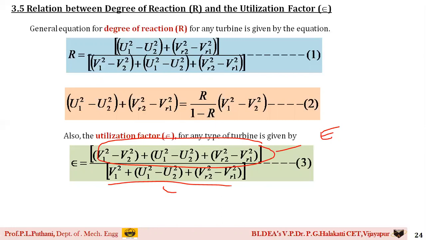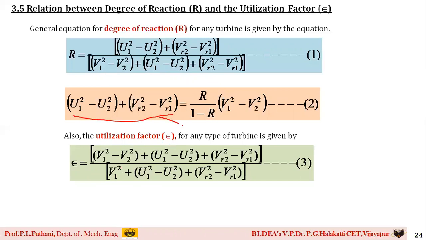So therefore this is our utilization factor equation. Now what I can do is, wherever the static components you are seeing in this equation, that is U1 square minus U2 square, in the numerator part as well as in the denominator part, I'll be replacing with this term.